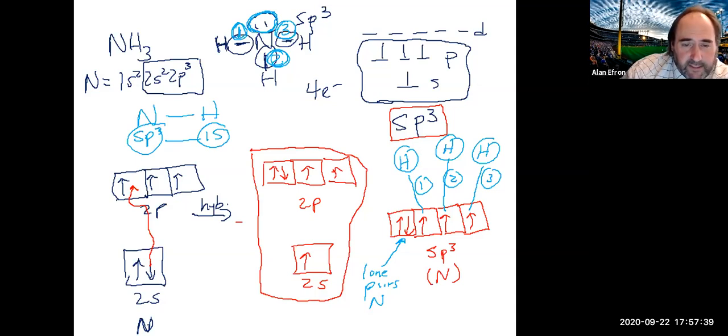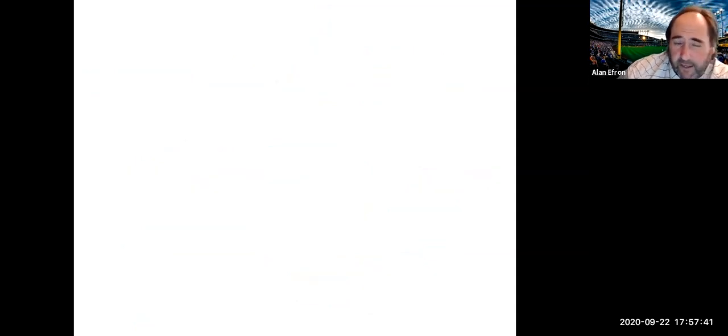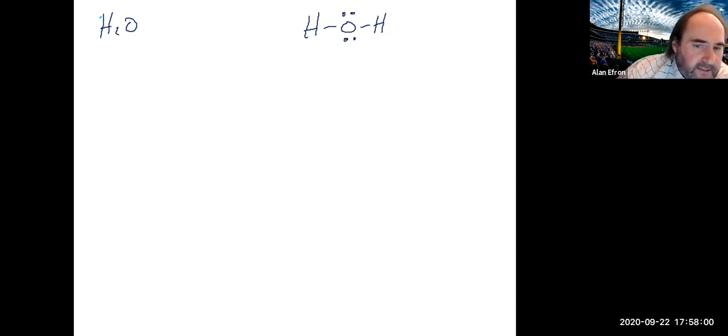We could also see something similar. For example, if we look at water, which is H2O, I think still. So if we look at H2O and we draw H2O, and if we do this and we look at it, we got 1 electron pair, 2 electron pairs, 3 electron pairs, 4 electron pairs in this case.